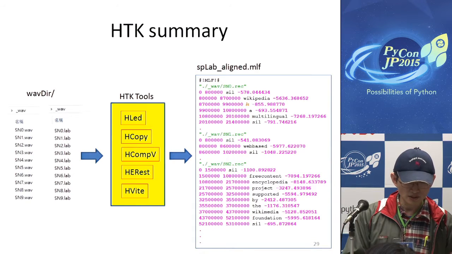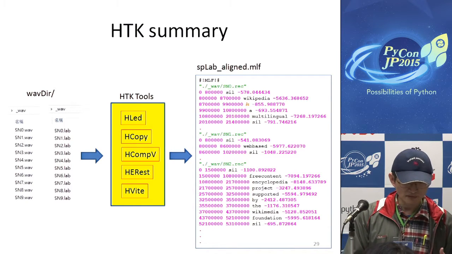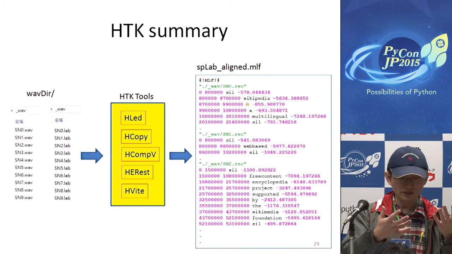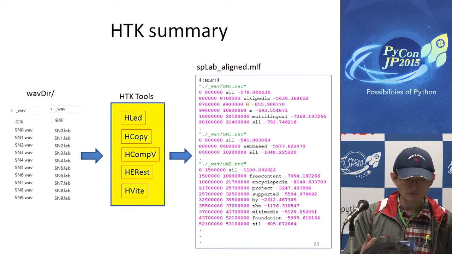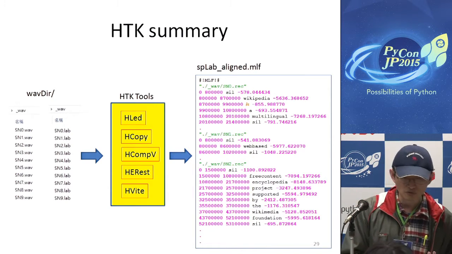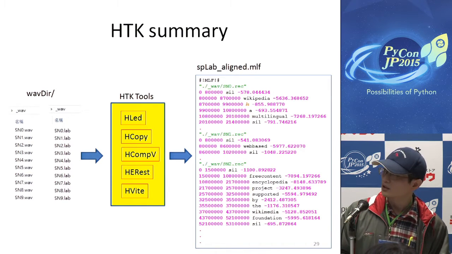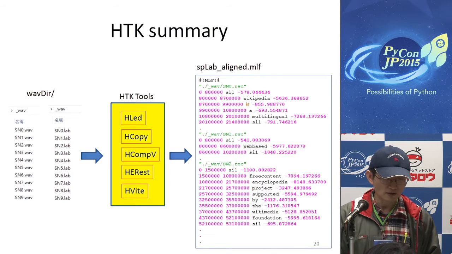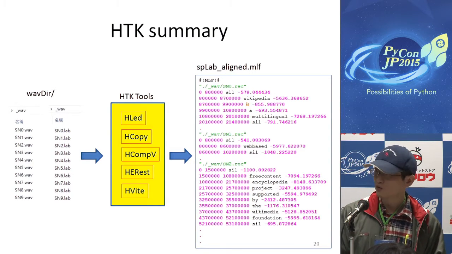This is the summary. On the left side we have the input: a directory or a bunch of WAV files with their phonetic symbols. Then using this set of HTK tools, on the right we have the aligned text file, with time and phonetic symbol.